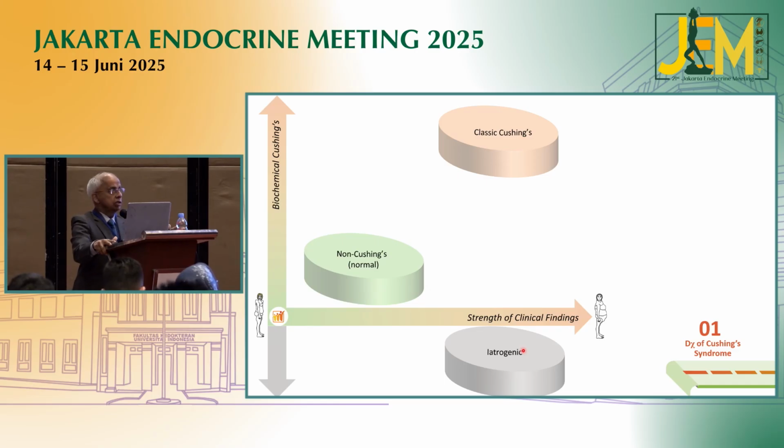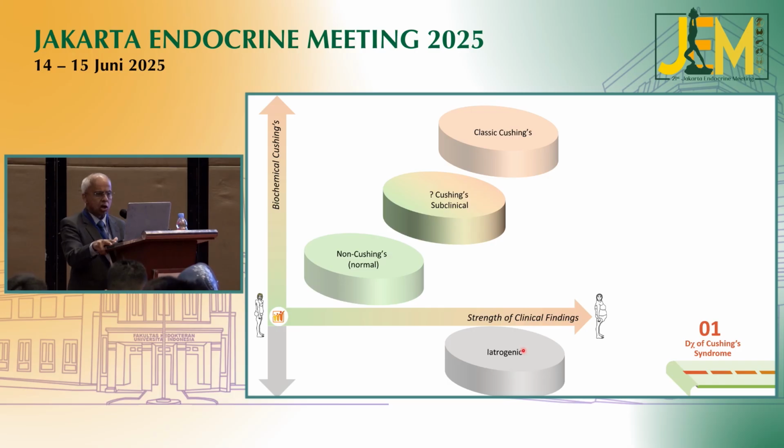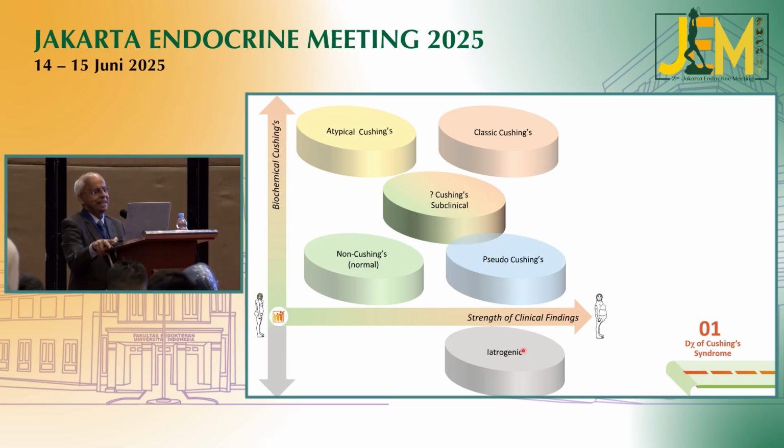That's a patient who has no Cushing's. Clinical and biochemistry are concordant. That's a difficult situation. That's the atypical situation where they have biochemical Cushing's, but very little clinical Cushing signs. And that is pseudo-Cushing's. Examples are alcoholism and depression.